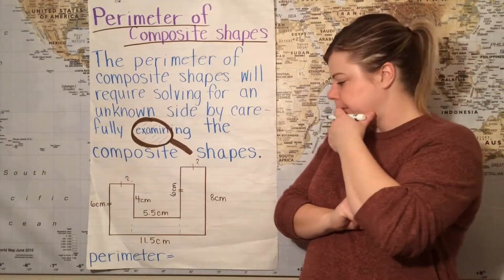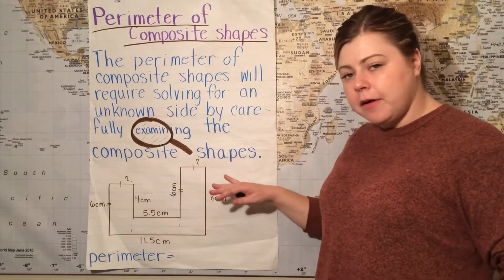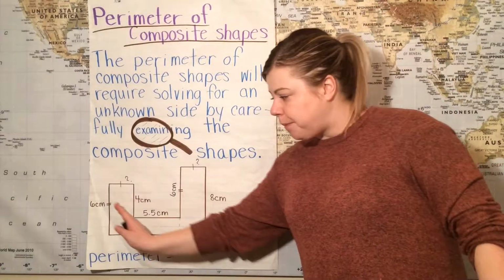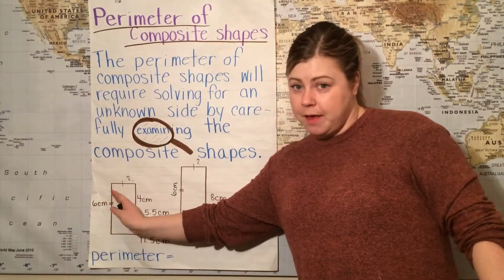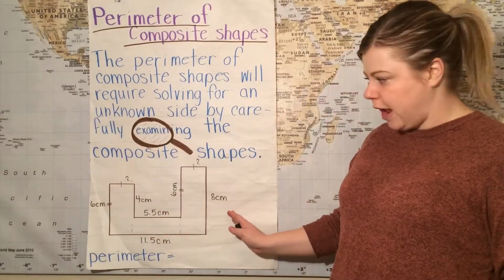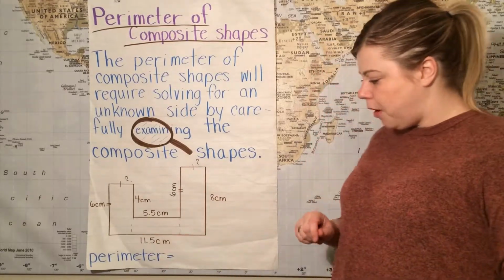What can I do? Well, whenever I see that I'm missing the value of the top part of the shape, I want to look at the bottom part of a shape. The same thing happens if I look at the left side of a shape. I don't know what some values are. I want to go right to the right side of the shape. So I'm missing 2 top values, so I'm going to go right to the bottom of the shape.